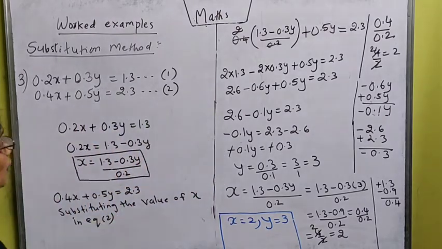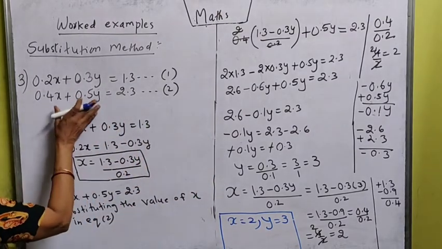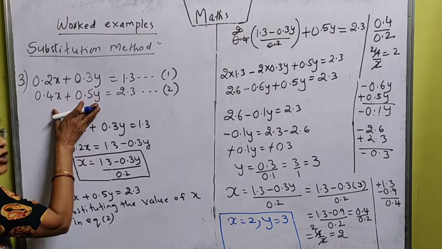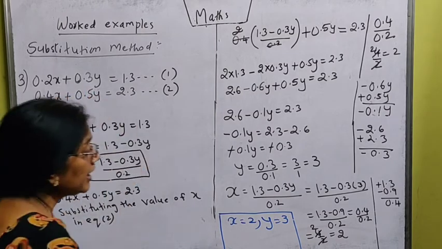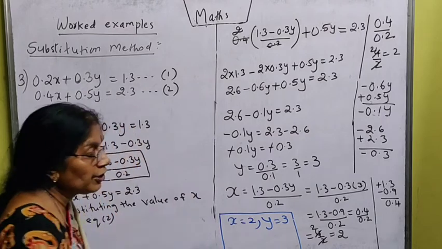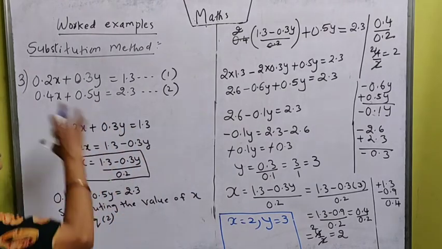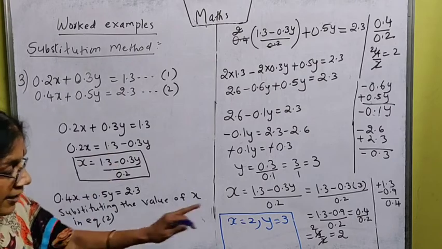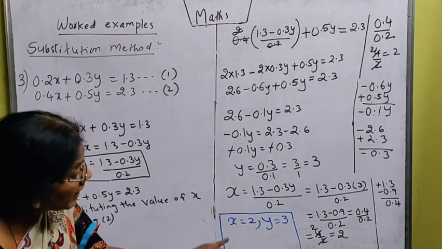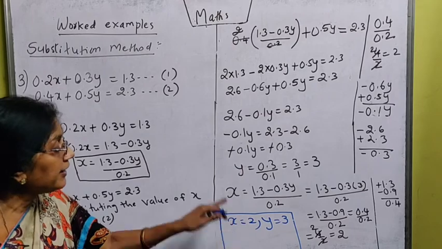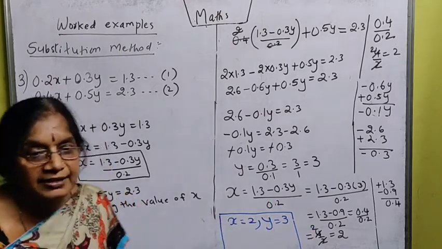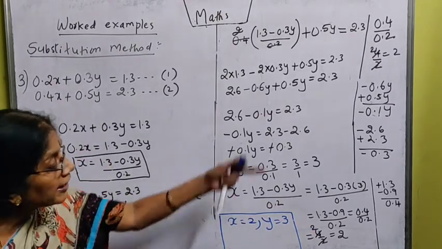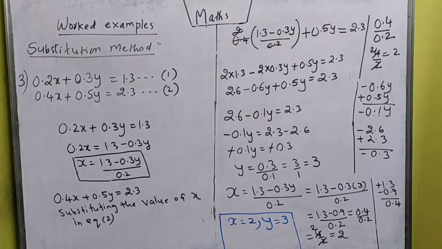So what you are seeing over here is that in this question decimals were given and the result was a whole number. So this is the third type of substitution method. So when decimal numbers are given, the result can be whole numbers, depending upon what numbers are given.